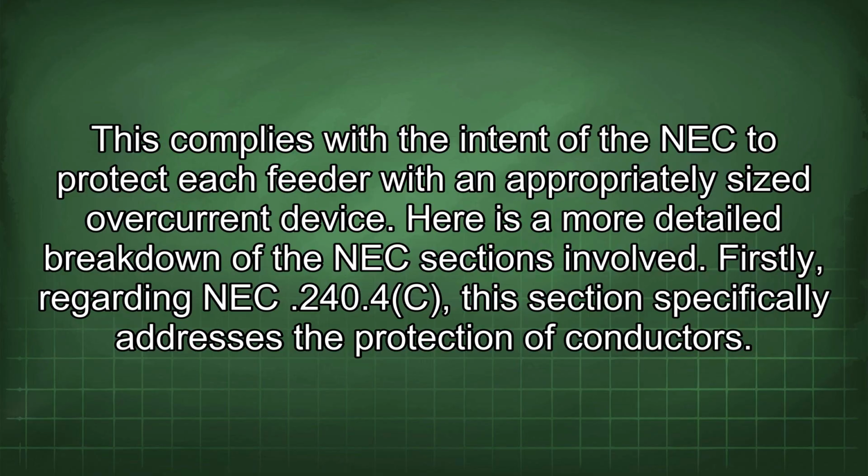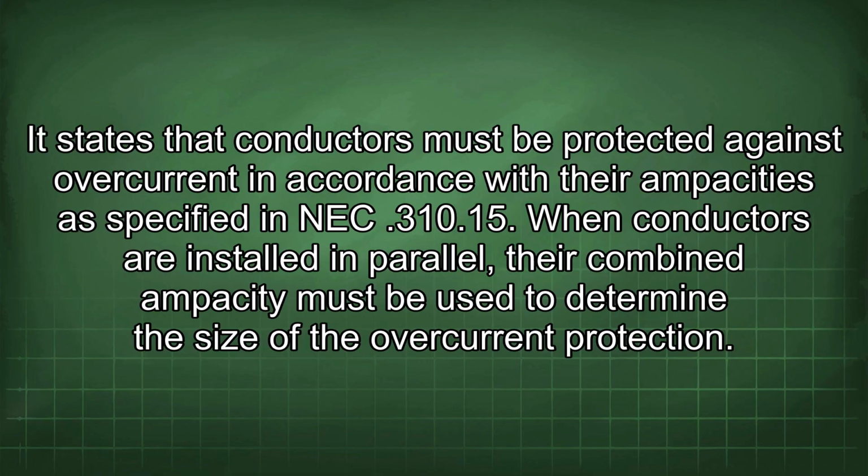Here is a more detailed breakdown of the NEC sections involved. Firstly, regarding NEC 240.4(C), this section specifically addresses the protection of conductors. It states that conductors must be protected against overcurrent in accordance with their ampacities as specified in NEC 310.15.